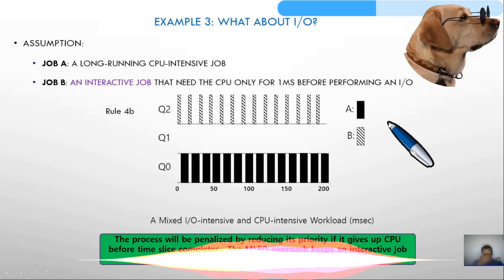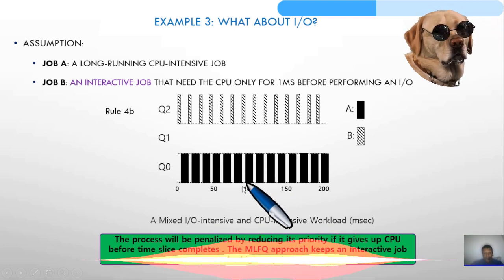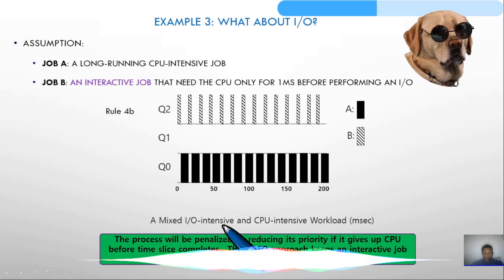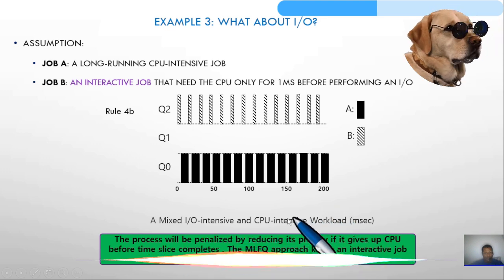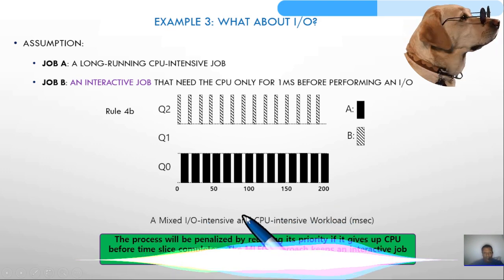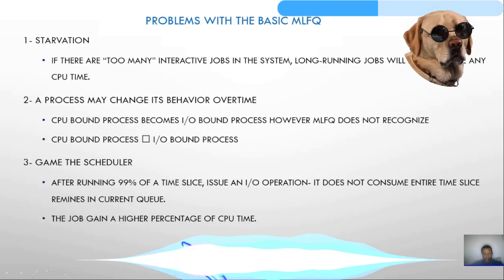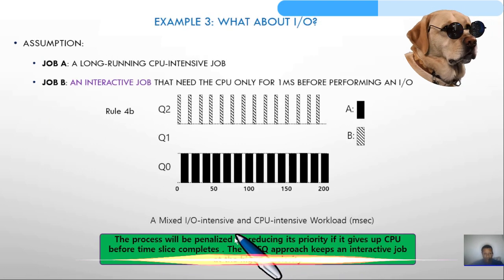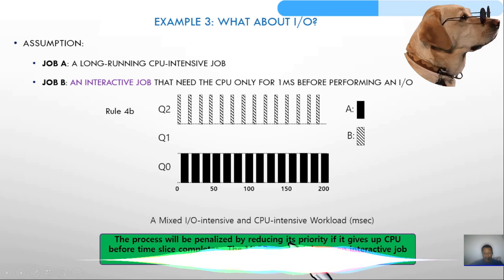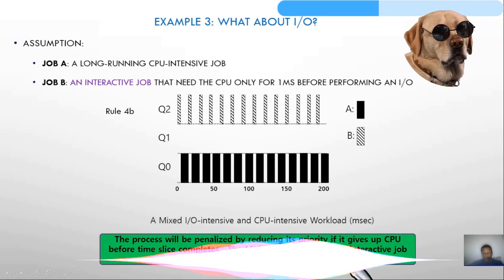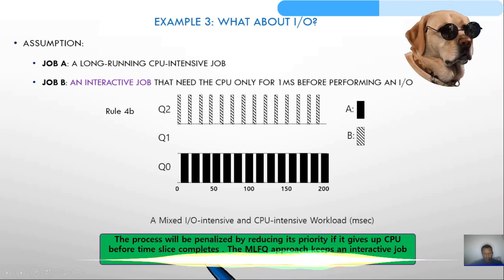So the main idea here is a mixed I/O intensive and CPU intensive workload. The process will not be penalized by reducing its priority if it gives up the CPU before the time slice completes.